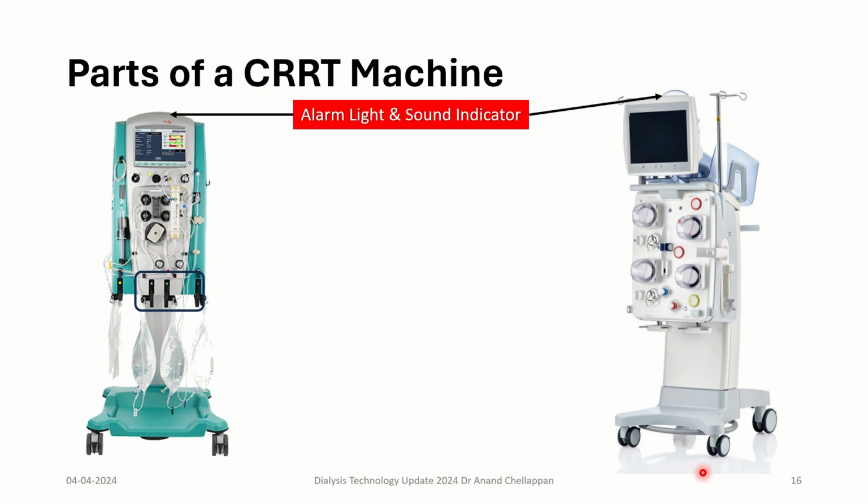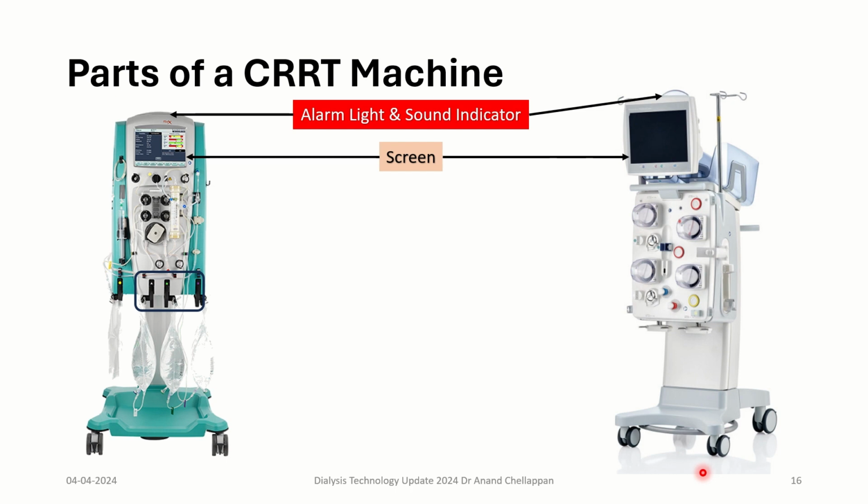We have alarm lights and sound indicators on top, the colors of which indicate certain types of alarms. Then we have the interactive patient therapy screen, where the patient therapy monitoring can be done and various parameters can be set and also followed up.